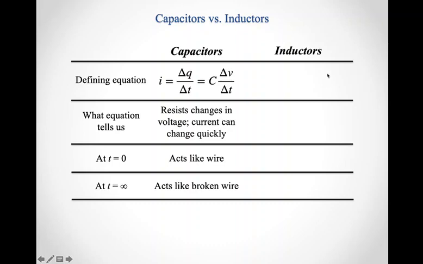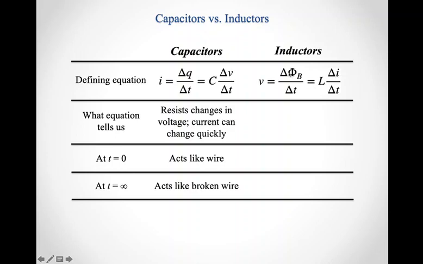So I want to think about these same ideas, but for inductors. I know the defining equation for an inductor is phi equals Li. So the magnetic flux is equal to the inductance times the current.